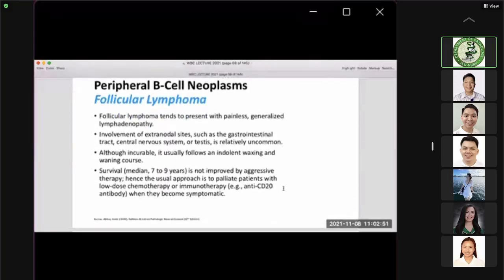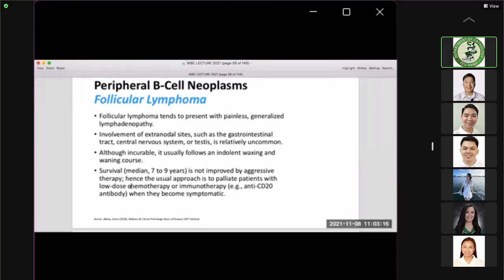Okay, so they present with, again, painless generalized lymphadenopathy, and involvement of extranodal sites like the GIT, CNS, or testis is found to be uncommon. Although incurable, it usually follows an indolent waxing and waning course.